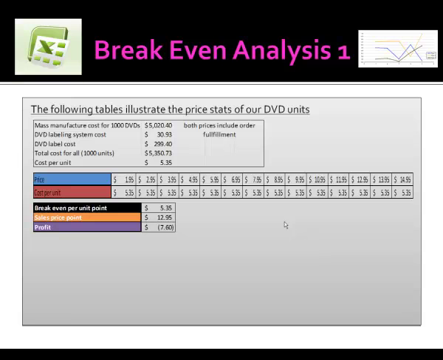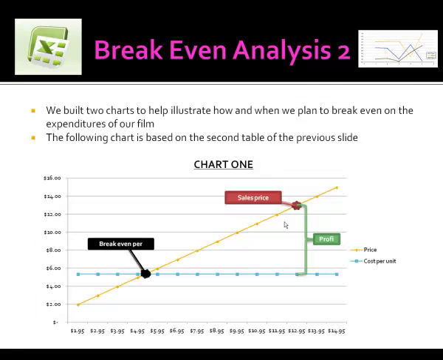It's about $7.60. So that's a lot to be made off every CD. In later slides, you'll see about online advertising. It won't be quite $7.60. So let's move on to the next slide.